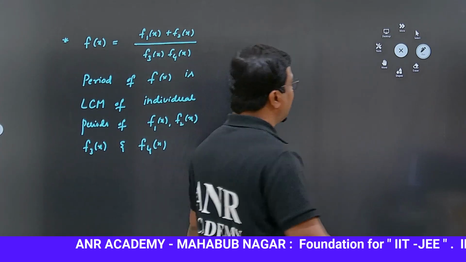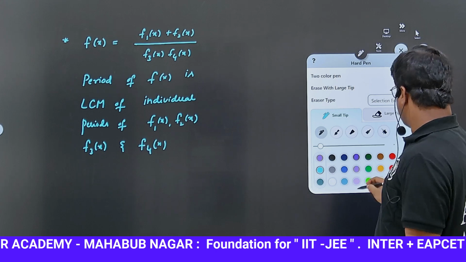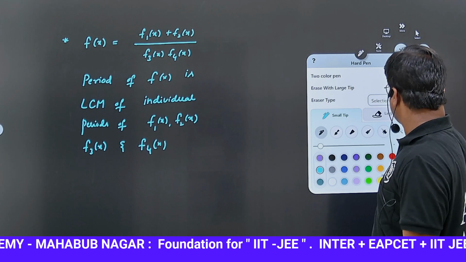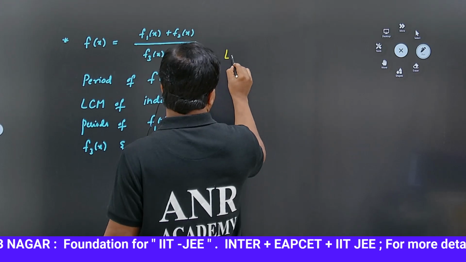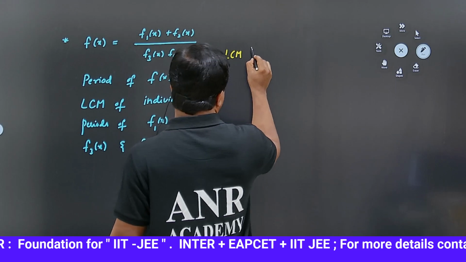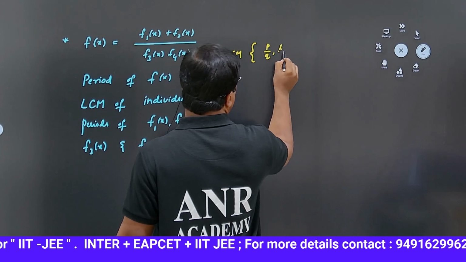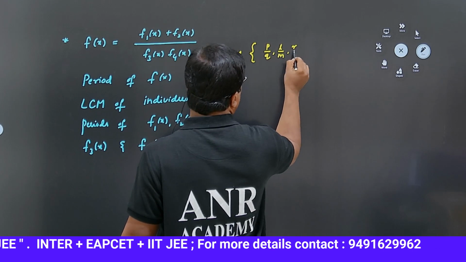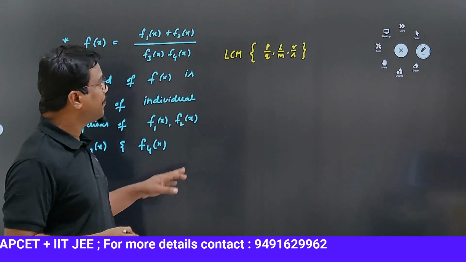And also here you have to remember the LCM formula for fractions. Suppose you need to find the LCM of P by Q, L by M, R by S, three rational numbers.